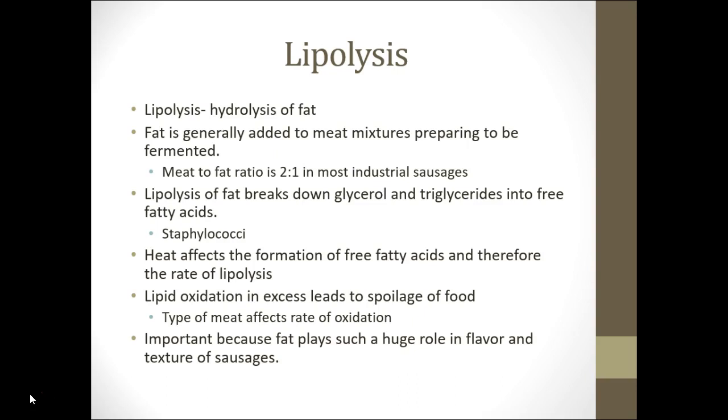This is really important because we want to avoid an excess of lipid oxidation, which leads to the spoilage of food. Different types of meat, such as beef versus pork versus chicken, affect the rate of oxidation. And overall, this is pretty important to understand because fat plays such a huge role in the flavor and texture of sausages.